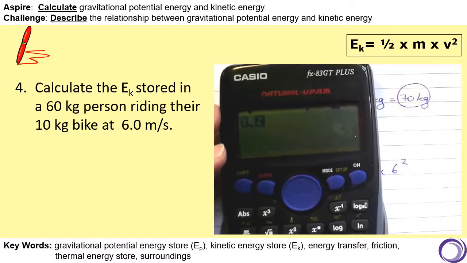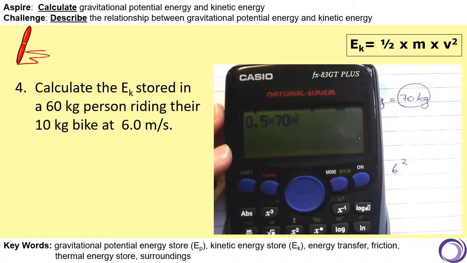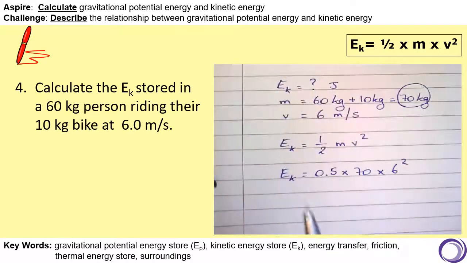So 0.5 times 70 times 6 squared equals 1,260. So the kinetic energy of the person and their bike moving together is 1,260 joules.